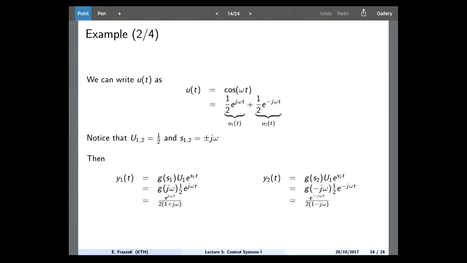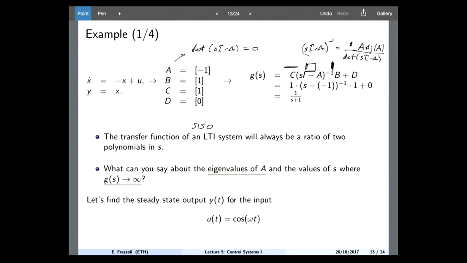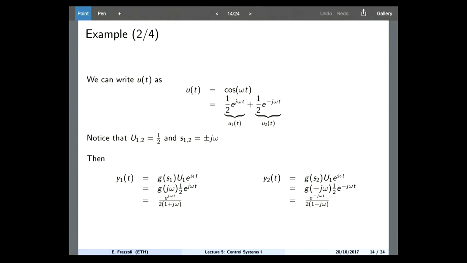In our case, the transfer function is 1 over s plus 1, so that is 1 over 1 plus j omega. Let's do the same for y2, and what we get is e to the power minus j omega t over 2 times 1 minus j omega. This is, again, the transfer function evaluated at s equal to minus j omega.